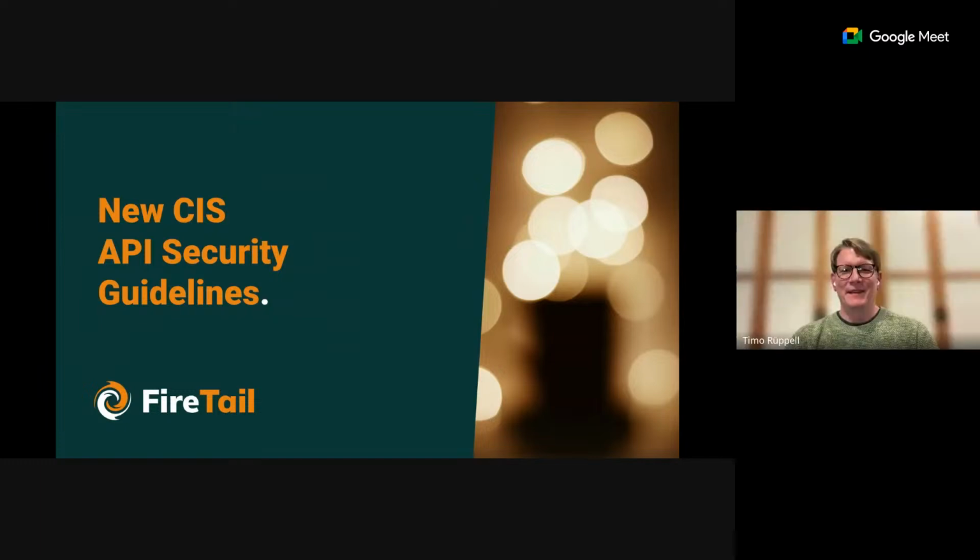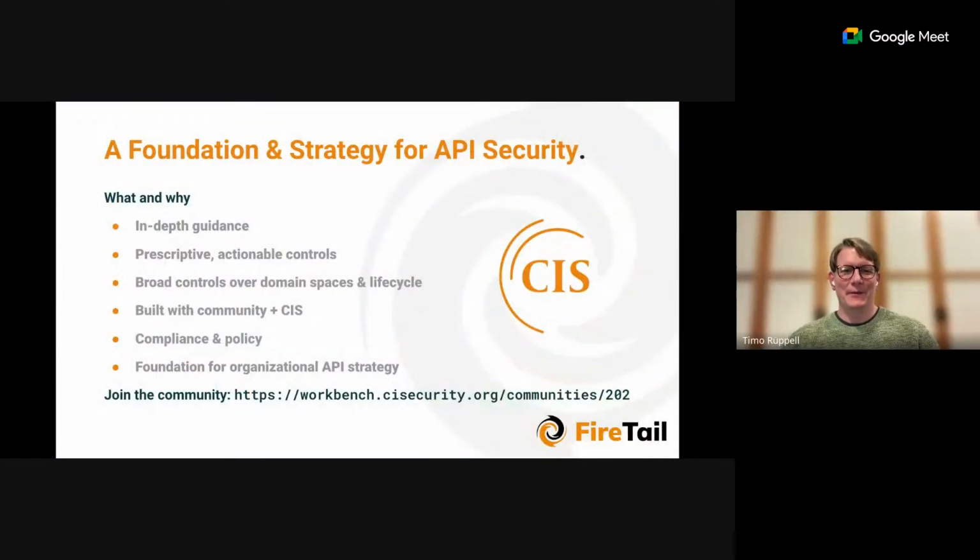Thanks, Jeremy. Yeah, so let's dive into a little bit around the CIS guide that we started together with the Center for Internet Security. As Jeremy said, the impetus here was really trying to find prescriptive guidance for creating and designing an API in the correct way.